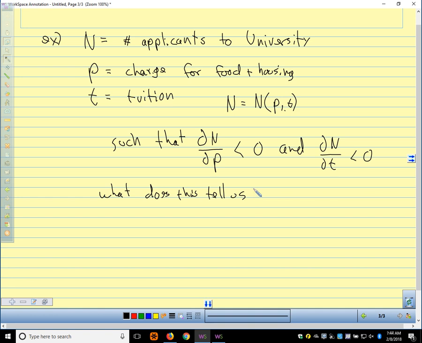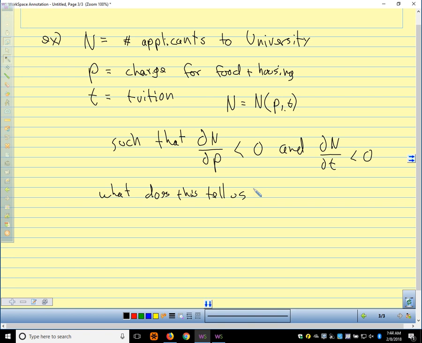All right, so we're agreeing that this n is a function of p and t, and this function is such that the partial of n with respect to p and the partial of n with respect to t are both less than 0. What does this tell us? As the price for food and housing increases, the number of applicants decreases. And the same for tuition.